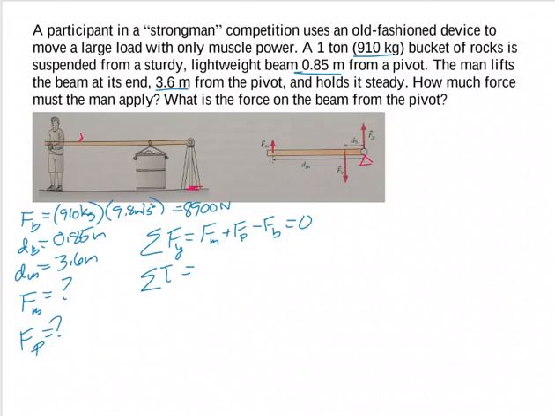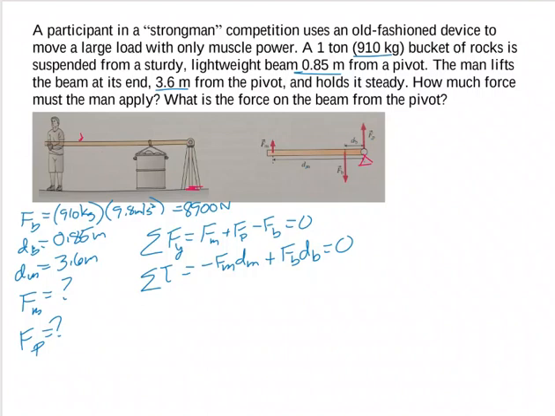So we'll write negative F sub M times D sub M. Then for the force of the bucket, we have to think about which way that would be trying to rotate the beam, and that would be rotating counterclockwise. So that's a positive rotation, so plus F sub B times D sub B, equals 0. And this is not rotating, so equals 0.